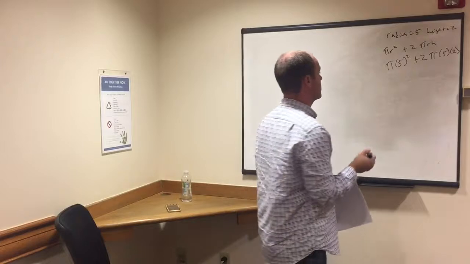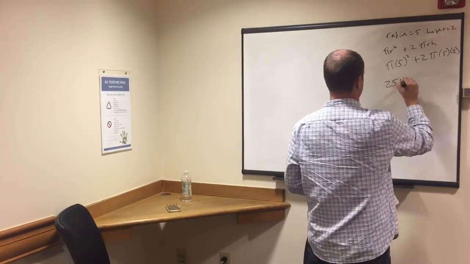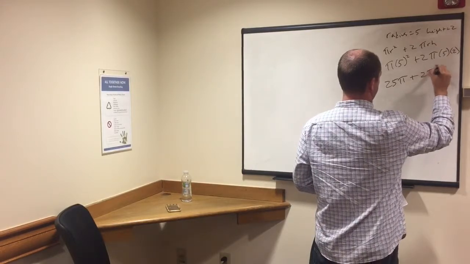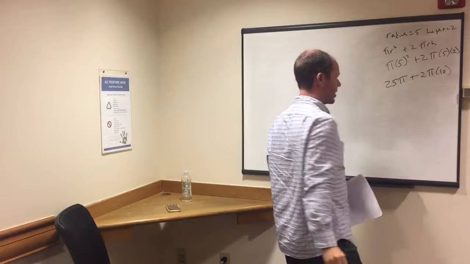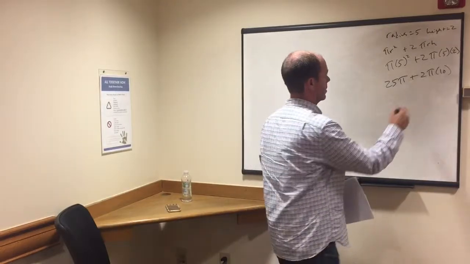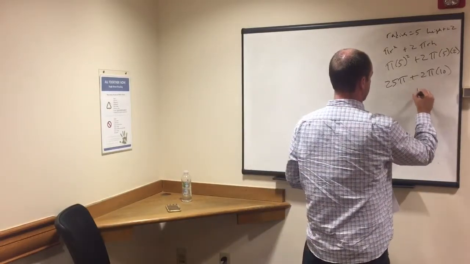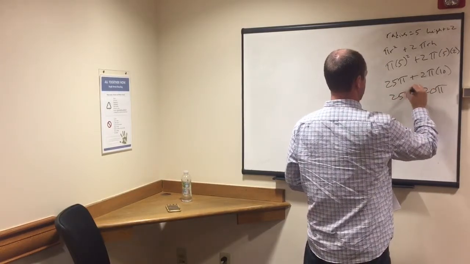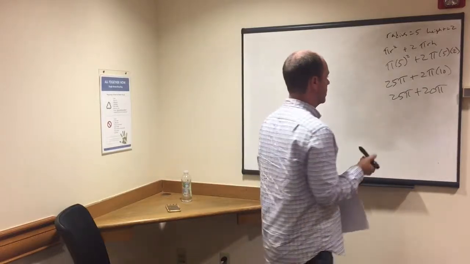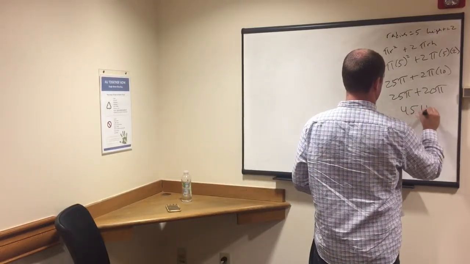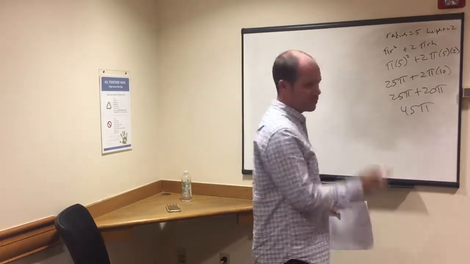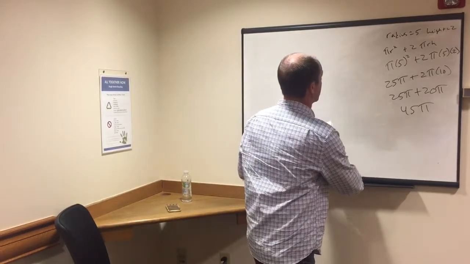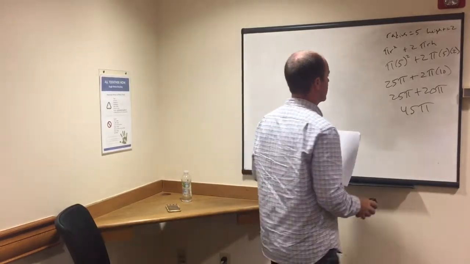Now keep going. 5 squared is 25, so we'll have 25 pi right here, plus we have 2 pi, 5 times 2 is 10, right? 10 times 2 is 20, so we're going to end up with 20 pi and 25 pi, right? Add those two together, 45 pi, right? So there's a little bit of math to it, but really pretty simple multiplication and addition. Just important that we knew the formula to get started.